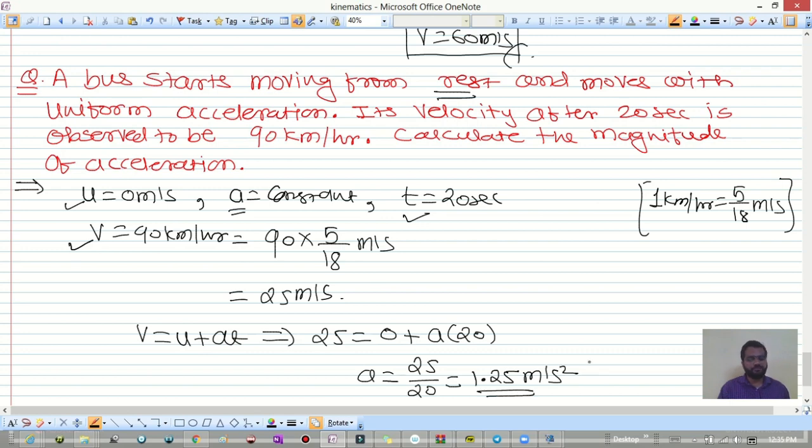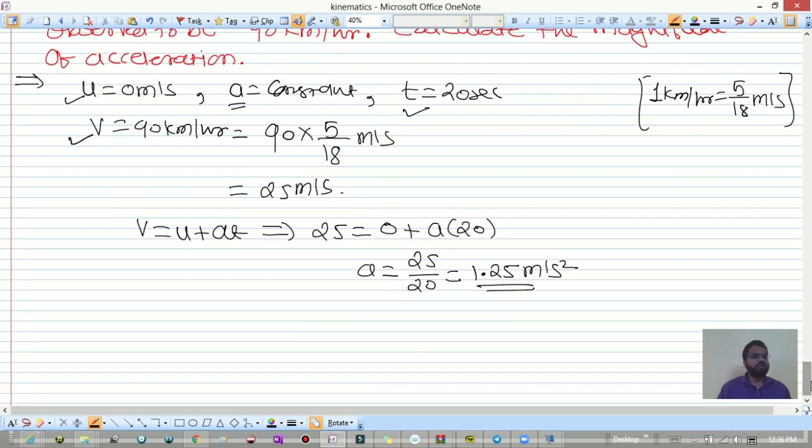So this is the answer we have. I hope this is clear, right? These are the type of problems you will encounter in kinematics. Now the last problem we'll take, and after that I'll teach motion under gravity.